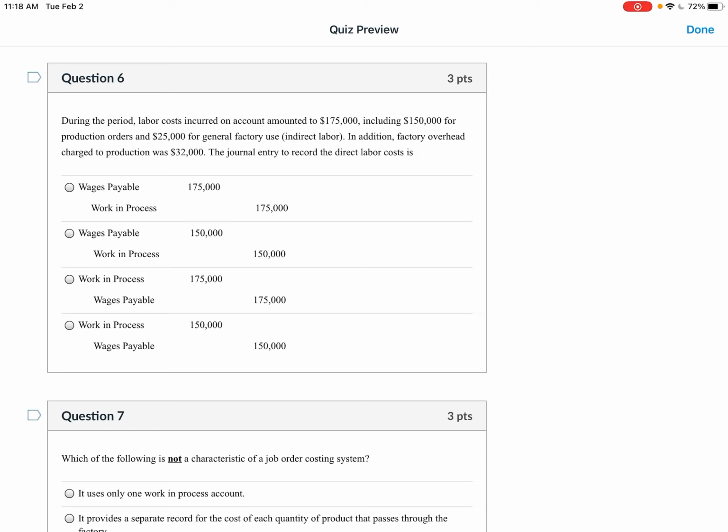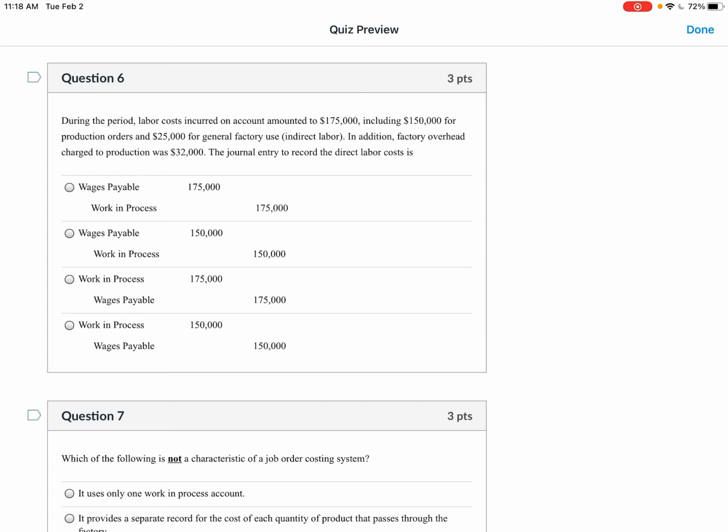During the period, labor cost incurred on account amounted to $175,000, including $150,000 for production orders and $25,000 for general factory use, which is indirect labor. Okay, factory overhead charges to production was $32,000. So then the journal entry to record direct labor would be what?